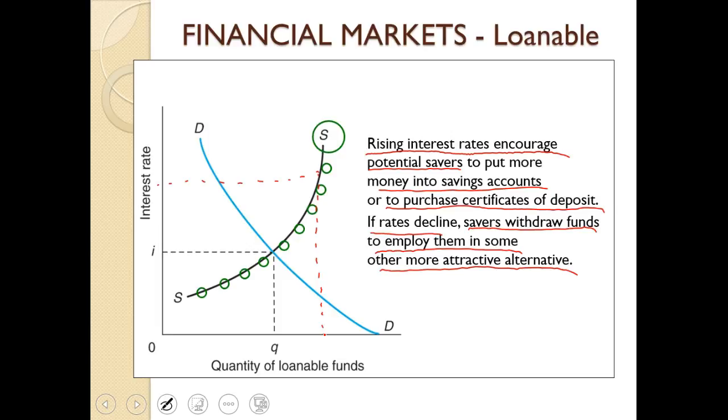So, for example, we will go back to our example of $5,000 in the bank, and they're required to keep $1,000. If now the interest rate is higher, it's encouraging more people to place money in savings accounts. This now jumps up to $10,000. They're only required to keep $2,000.